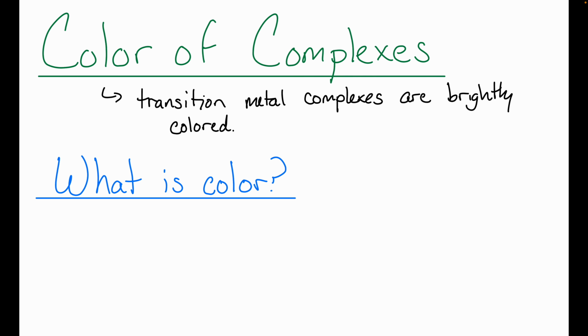What we call white light, what's being emitted from the light bulbs above, is a mixture of all the photons that make up the visible region of that electromagnetic spectrum.